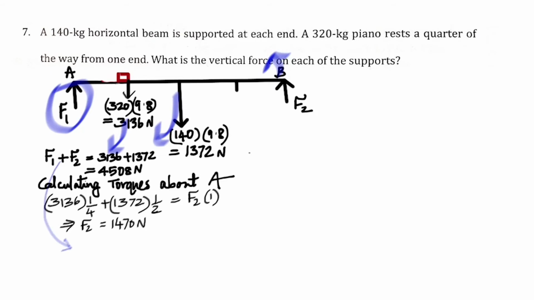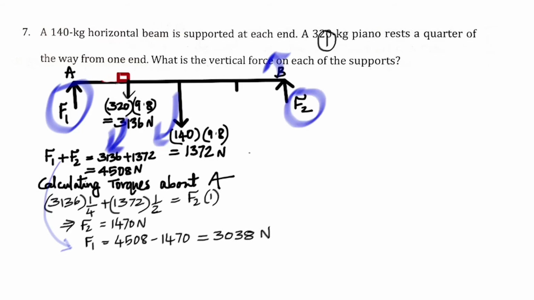Once you get F2, just substitute the value of F2 into that equation and you get F1, and you get the reactions of the 2 supports. This is simply an application of the 2 conditions for static equilibrium. I hope you understood that. Right. Let's move on.